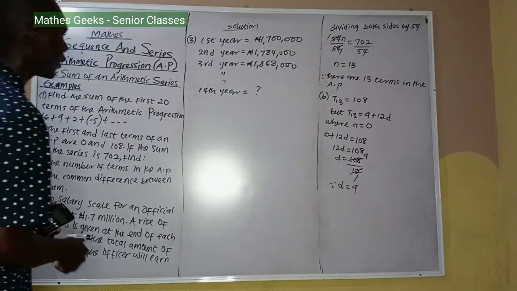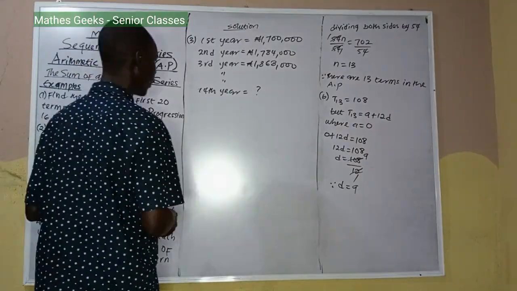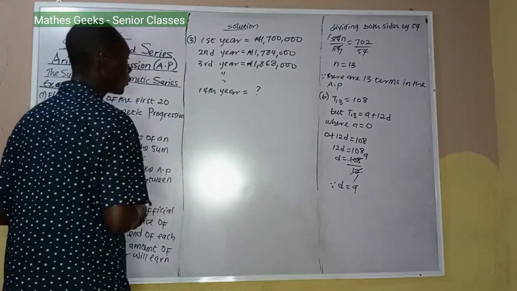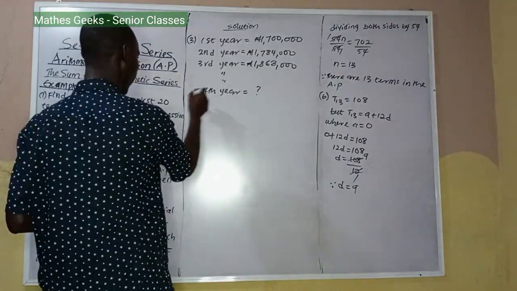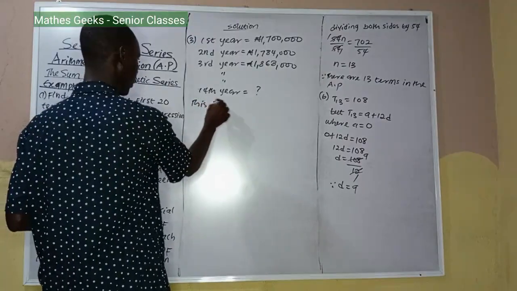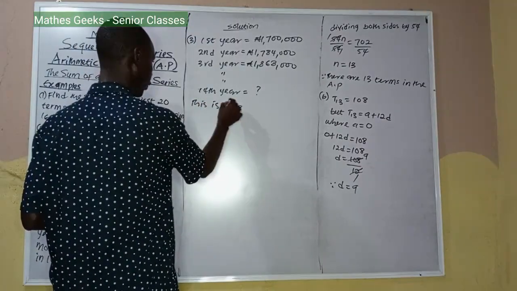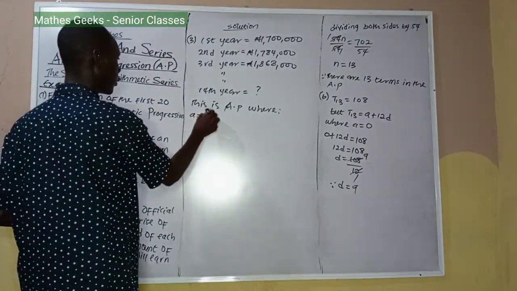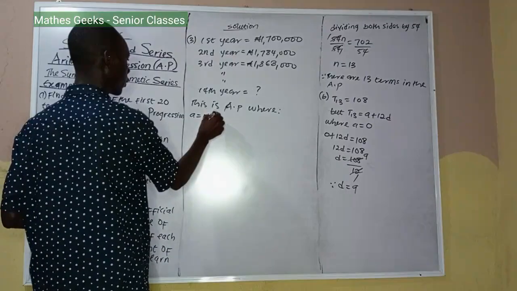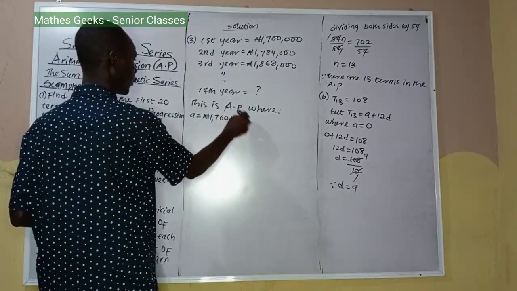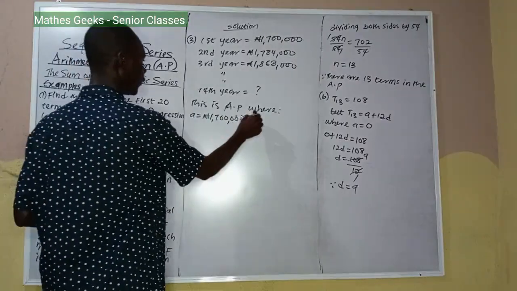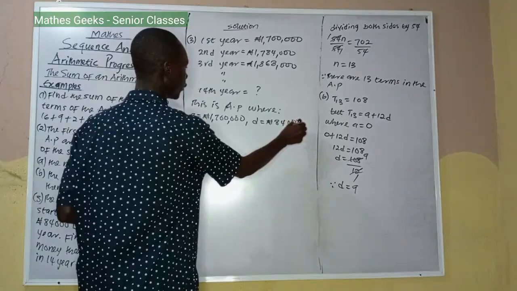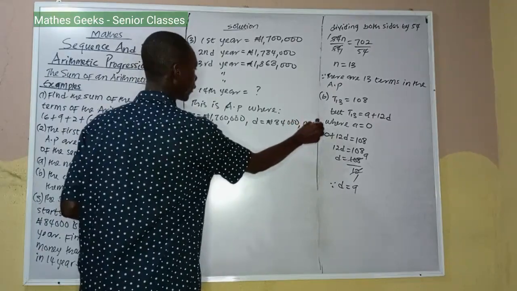So all we discover is that the progression of the rise of his income forms an AP, an arithmetic progression, where a is equal to 1,700,000, and the common difference is equal to 84,000, and n is equal to 14.